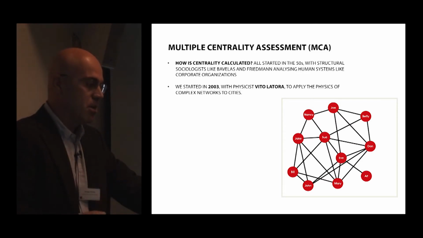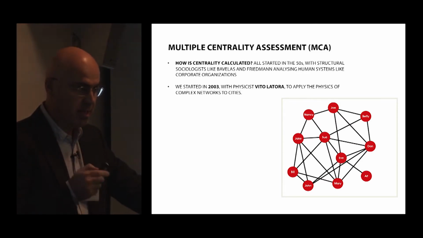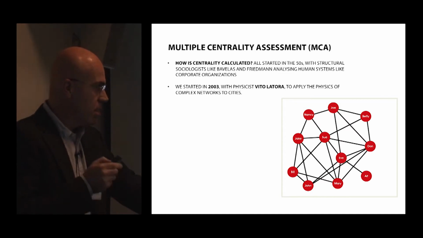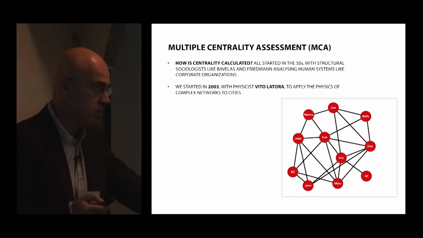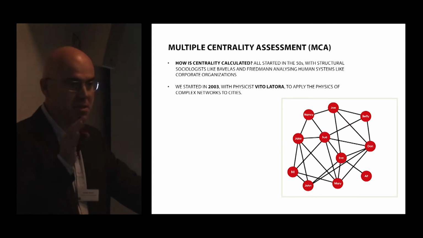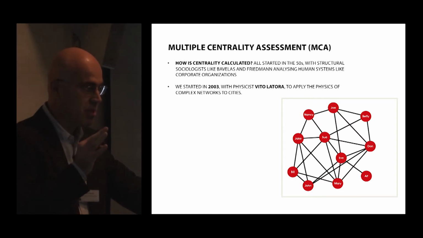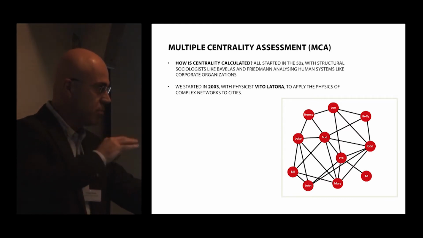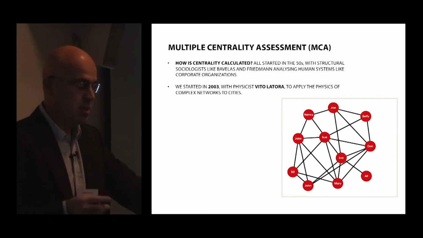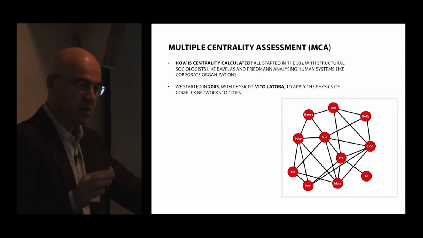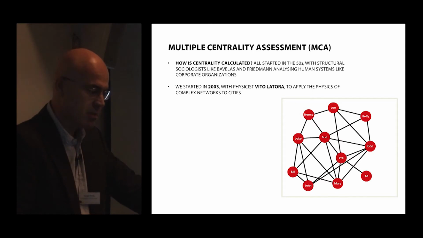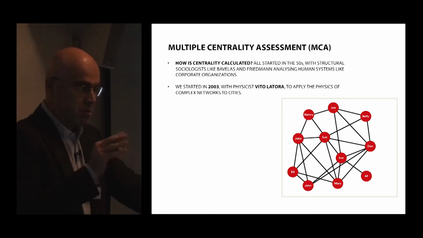It was structural sociologists trying to understand how organizations worked and how they could make organizations of humans more efficient by rearranging the links between people, understanding where the flows were and where the gaps were in large organizations. And they actually made a lot of money out of that. But this is a social system.